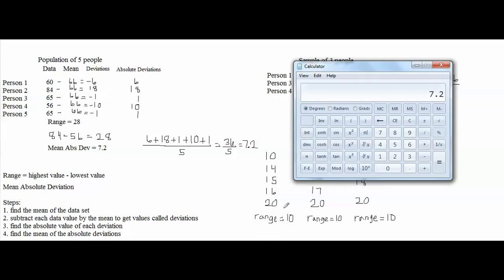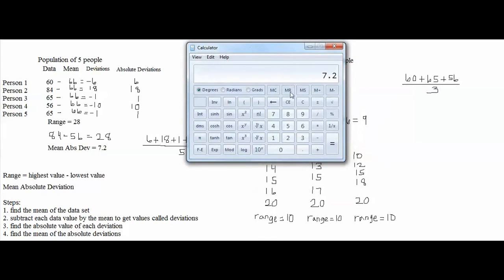Let's add these 3 numbers. The total is 181. So we'll divide 181 by 3, and we get 60.33.